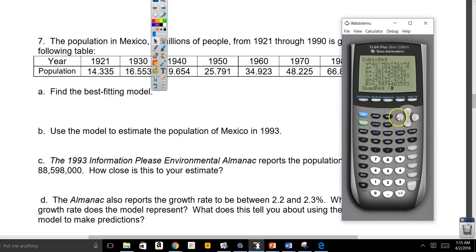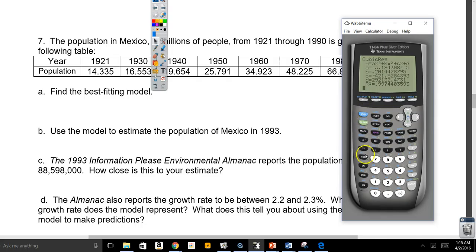L1, L2. So I think this was 0.997. This one is 0.997. So both of them, 0.9973, 0.9974. So I'm going with cubic because it was just a little bit higher here.